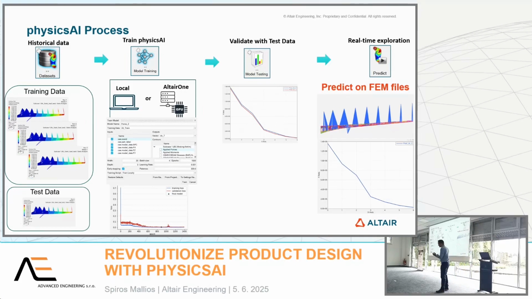Why is this useful again? Because if you didn't have this technology, you would have to manually run, or let an optimization run, which would take days or weeks, varying all these loads on the airplane wing one by one until you found the combination that is giving you this curve, which is of course very time consuming.